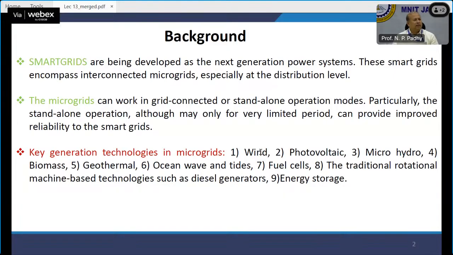No idea? Okay, let me see. When power is generated from waterfalls, that is a hydropower plant.